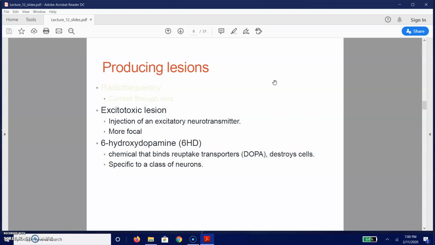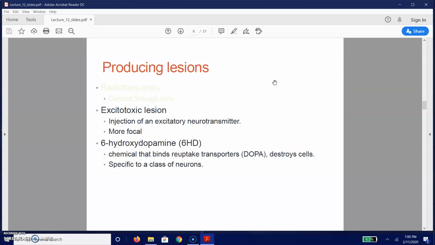And then finally, another method that allows us to target specific types of neurons is by targeting ones that produce particular NTs, neurotransmitters. So 6-HD is actually a chemical that's very similar in structure to dopamine as well as norepinephrine.